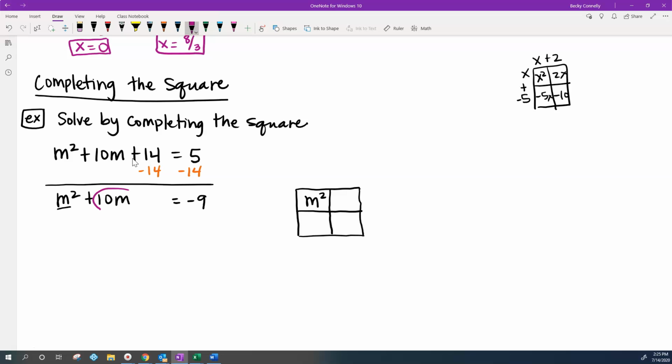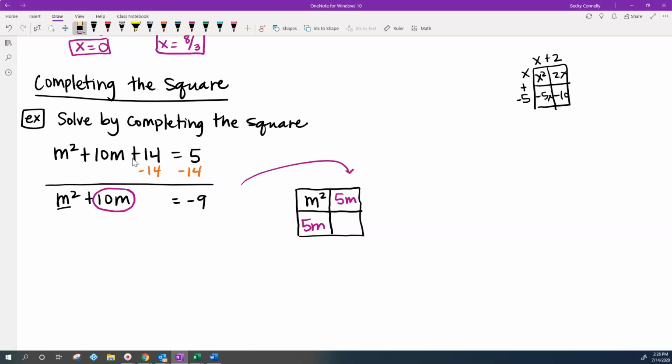So this 10m is going to be split in half, and half of it's going to go here, and the other half is going to go here. So I'm going to put 5m in both of these because 5m plus 5m gives me that 10m.